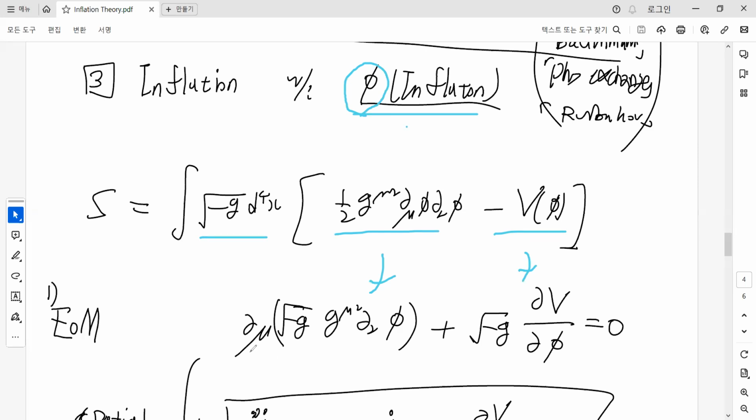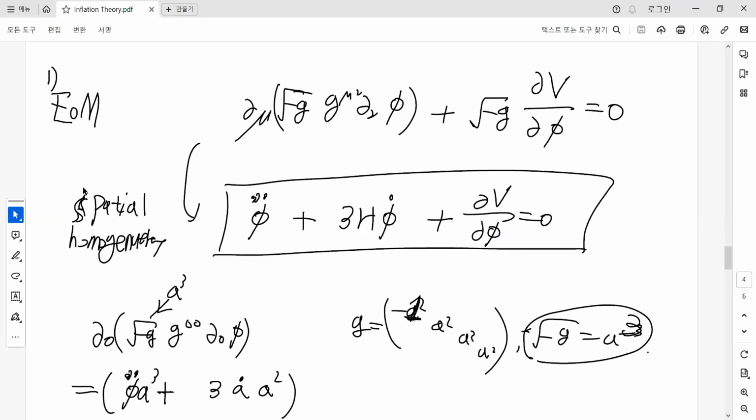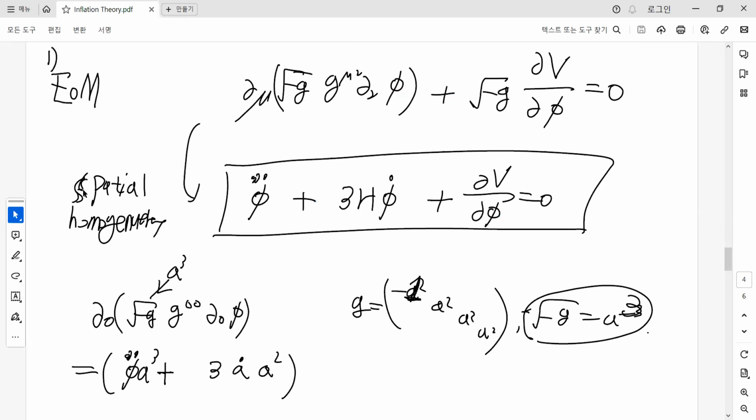One thing I want to mention is that such an invariant volume element, root minus g, also has dynamics. If we assume spatial homogeneity, so that phi is position independent, then the remaining term is a time derivative term. The invariant volume element, root minus g, is a cubed, because there are three scale factors in the spatial parts of the metric.